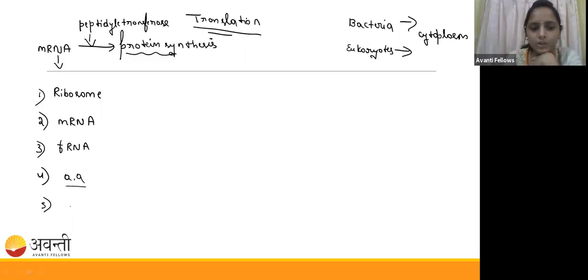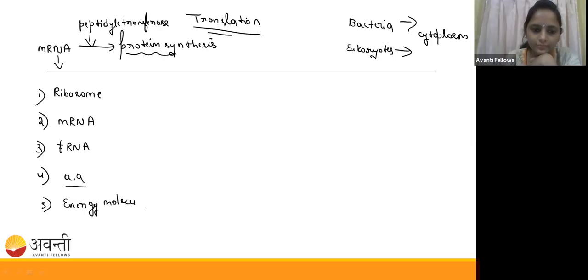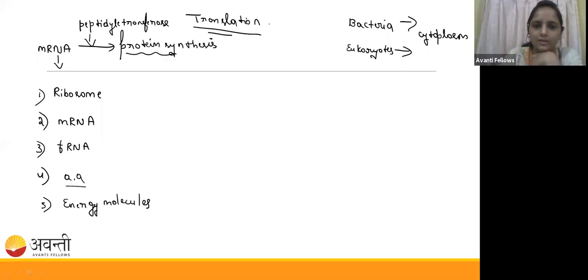We require the energy molecules also. Very good, Prachi. Yes, we require the energy. Now we will see how the translation is going to take place. So now we will go to the steps of translation.